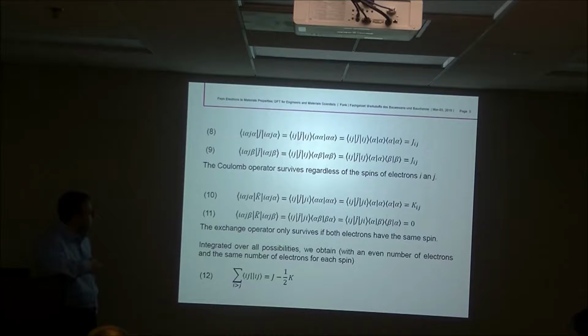The exchange operator is a little bit different because it does some exchange. If we have alpha spin here, it doesn't matter. So I alpha gets exchanged with J alpha, and it still has a 1. But as soon as I and J have different spins, we obtain 0.